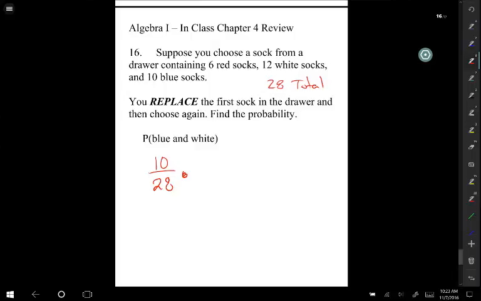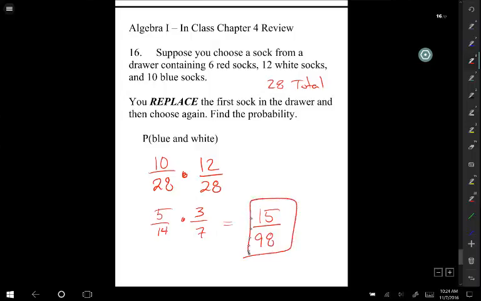You pick a white. 12 out of 28. We multiply those. Might be easier to reduce them first. 5 out of 14. 3 out of 7. Does anything else cancel? So, 15 out of 98. If you can't do that in your head, you can do it on your calculator. You'll be allowed to use your calculator tomorrow.